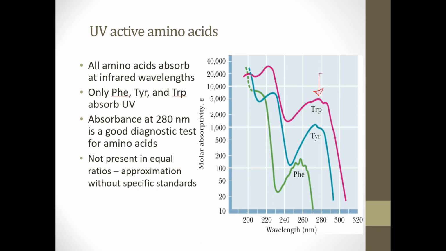Now, one of my pet peeves, if you're dealing with the quantification of a specific protein and you use a different protein for your standard curve, which everybody does, usually BSA, the ratio of aromatic residues in your standard will be different, very likely, than the ratio of aromatic residues in your isolated protein.